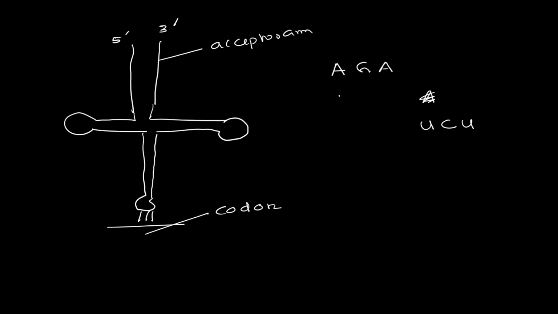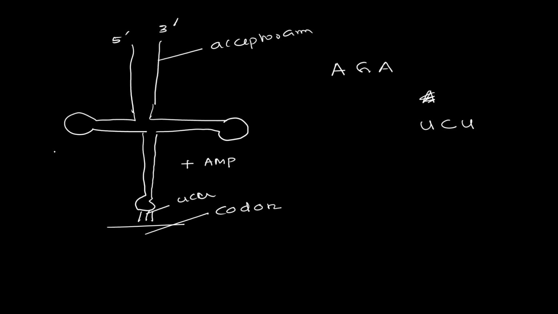But now once this specific anticodon UCU binds to this, what would happen is that it will cause the tRNA molecule to be activated by the cofactor which is known as adenosine monophosphate.